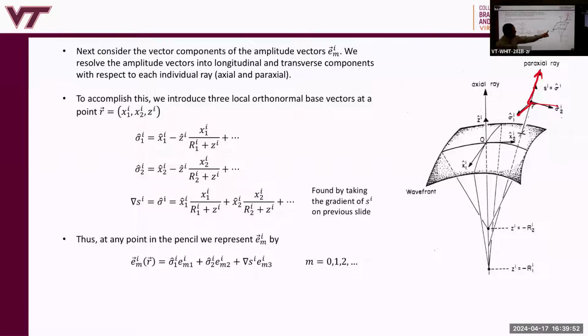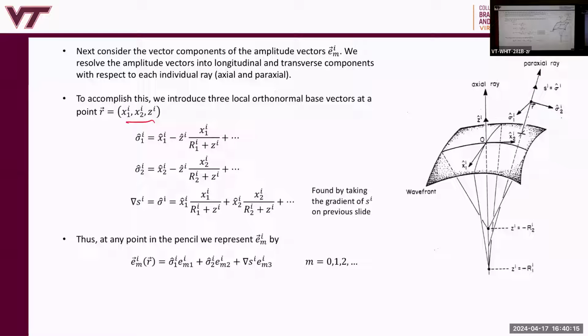So here we have x1, x2, and z, pencil coordinates for the axial ray. For the paraxial rays, we're going to define a new coordinate system, sigma 1 hat, sigma 2 hat, and S incident. So how do we find the components in terms of these coordinates?